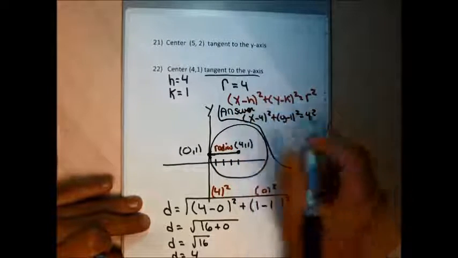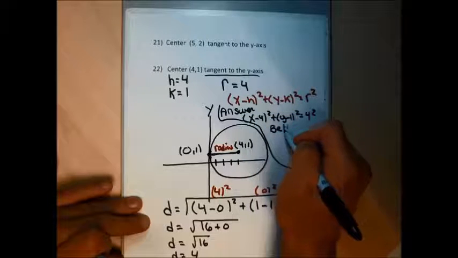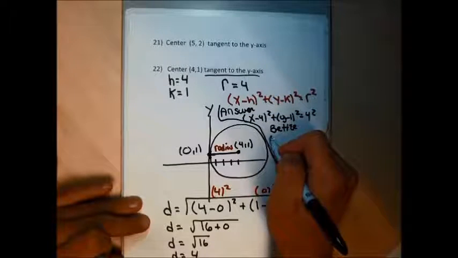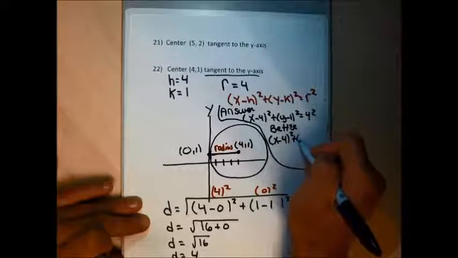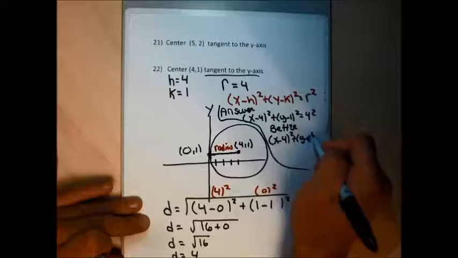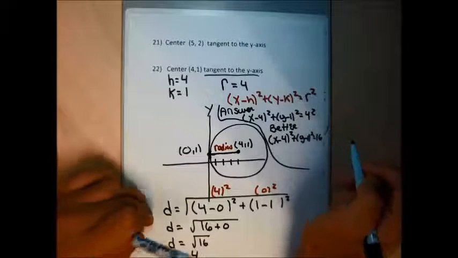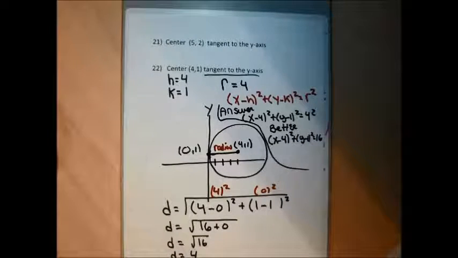And of course, it might be better if you simplified it a little bit, but you don't have to. If you left it in completely standard unsimplified form, it's completely okay. If you square the 4 and get 16, maybe that's just a tad bit better.